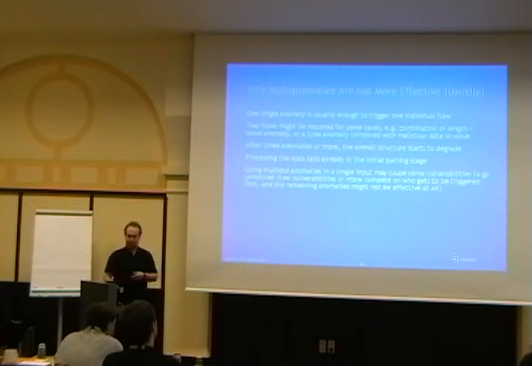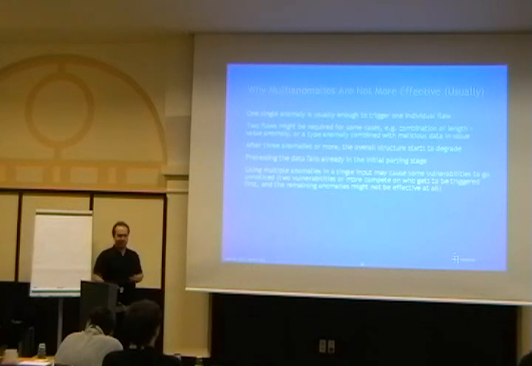Now, usually when we look at designing anomalous data, breaking the data from several locations is not typically that fruitful. And it's kind of a surprising thing. You would probably assume that when you fuzz multiple things at the same time, you are able to crash the software more effectively. But usually a single anomaly, a single input, is enough to trigger one individual flaw.